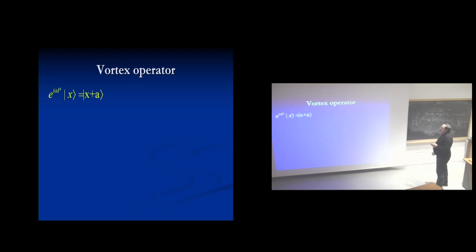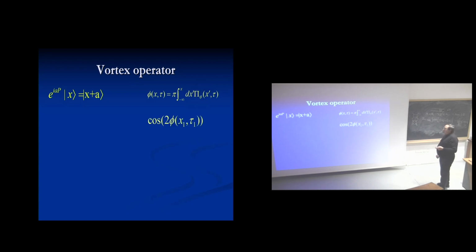Well, actually, if you remember your quantum mechanics, exponential of i a times the momentum applied to a configuration of position translates the configurations. It's the translation operator in quantum mechanics. Now, if you remember what phi is, the gradient of phi is the momentum conjugate to the variable theta, and vice versa. So phi is the integral from minus infinity to x of the momentum conjugate to the variable theta. Fine.